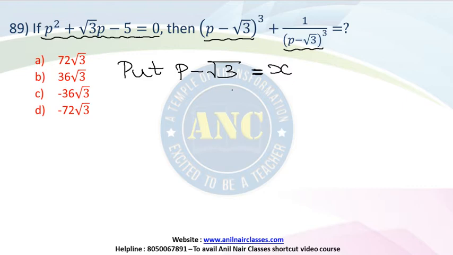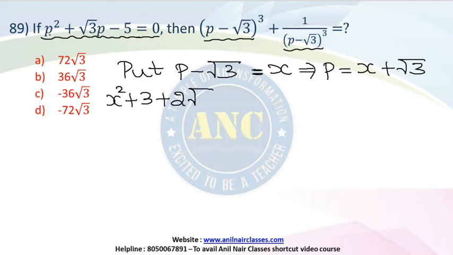Simple way of analyzing. Now see here, if I put p minus root 3 as x, p will be x plus root 3. Now p square will be x plus root 3 whole square. It will be a square plus b square plus 2ab, x square plus root 3 square plus 2 into root 3 into x, 2 root 3x. Next, plus root 3 into p, root 3 into x, it is root 3x, plus root 3 into root 3, it is 3.